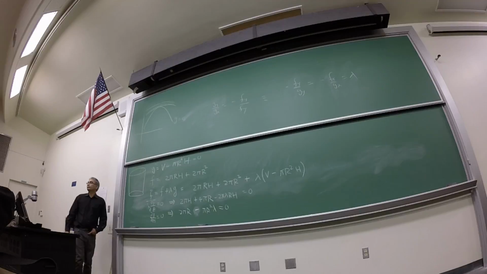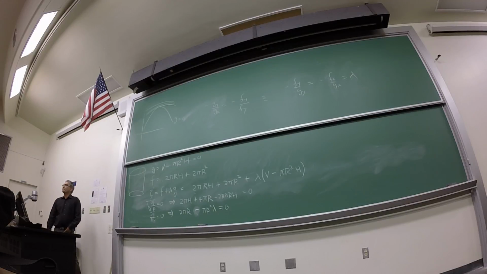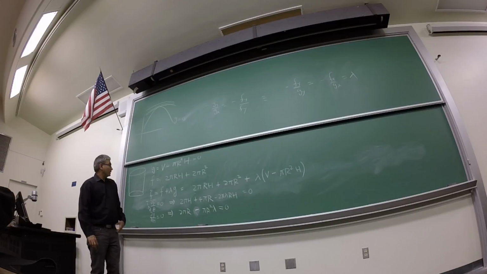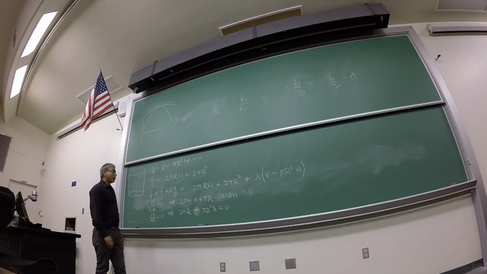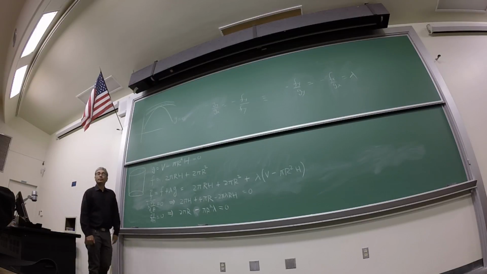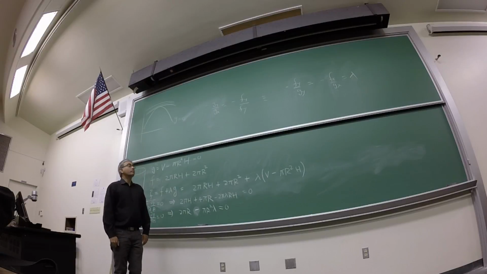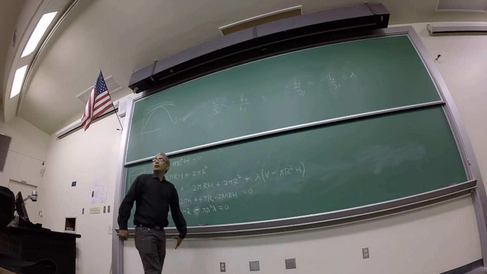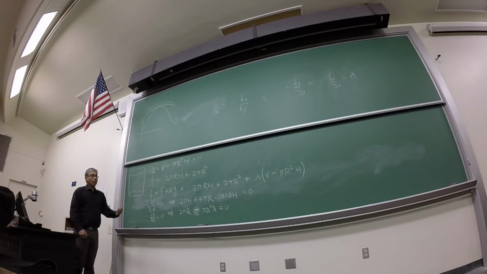Now of course with the third equation, df by d lambda equals to 0, what will that give you? G, v minus pi r squared h. Exactly, it will give you basically back your constraint, so I'm not even going to write it because we already know what that will give us.